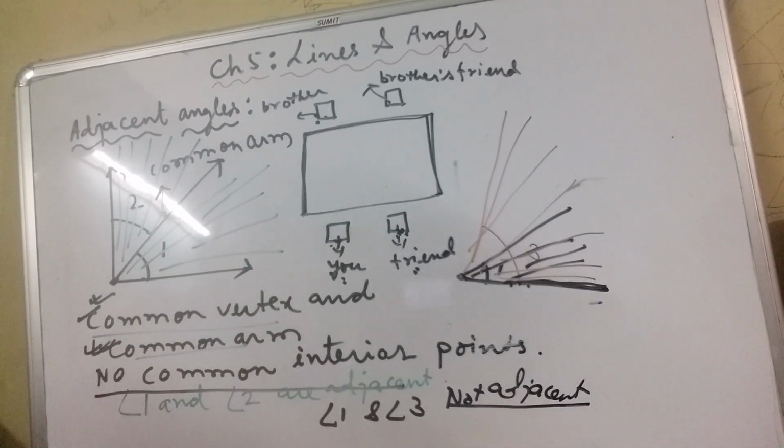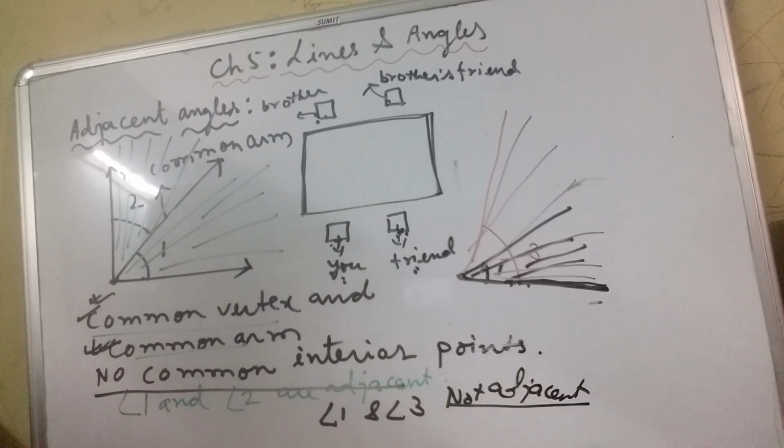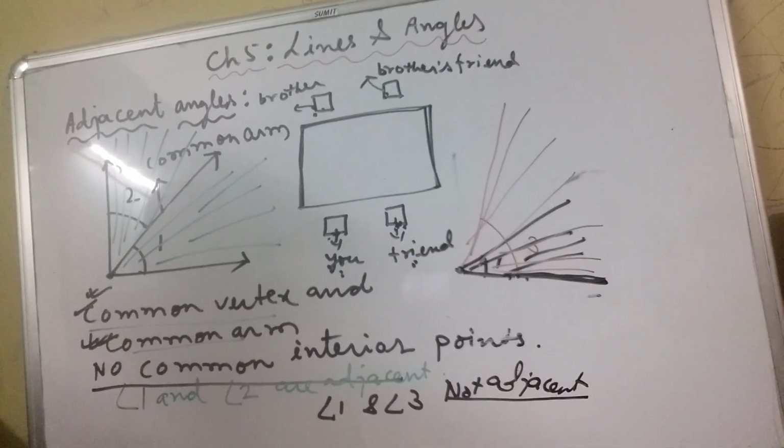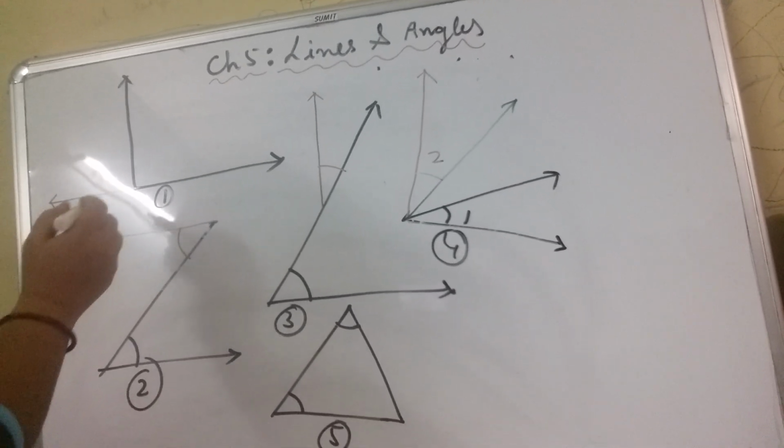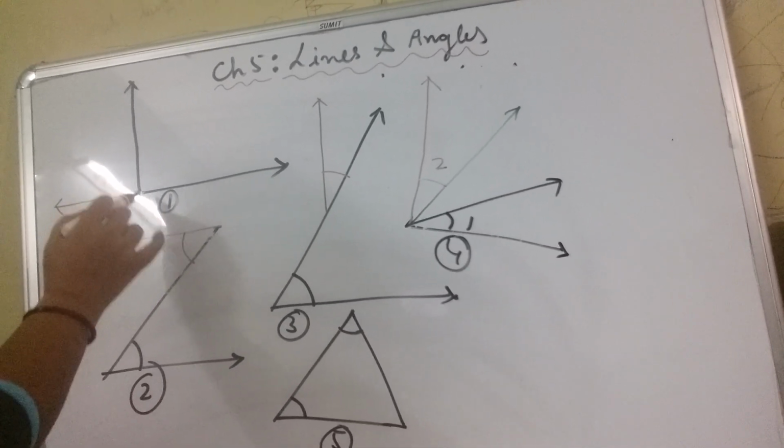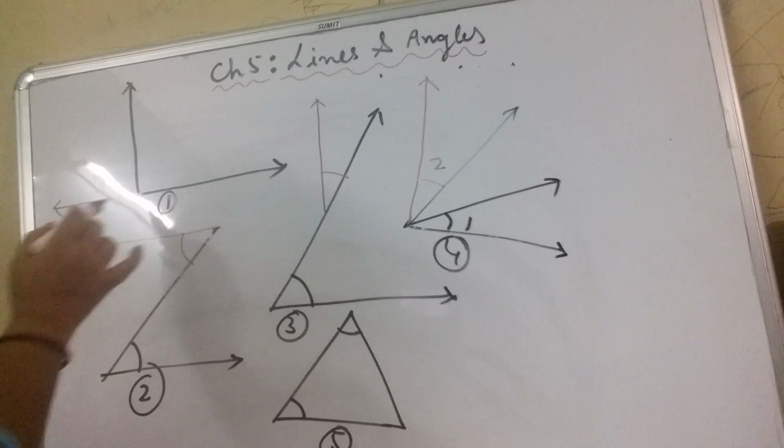Now let's take some examples where we can see different types of adjacent angles. Consider diagram 1.